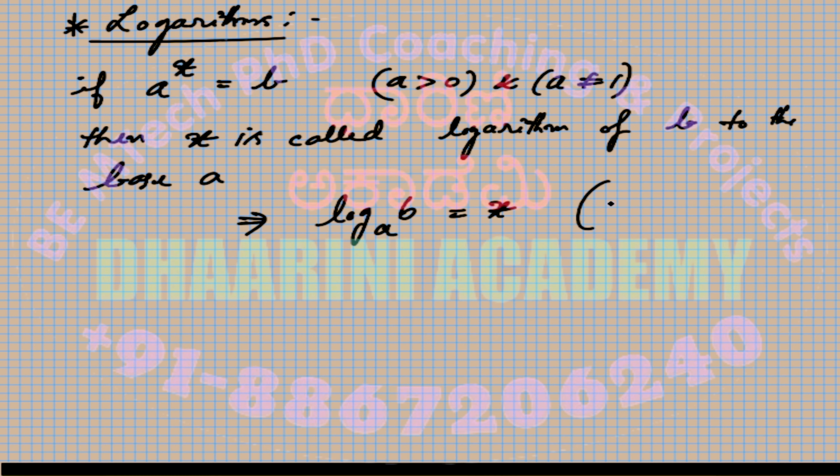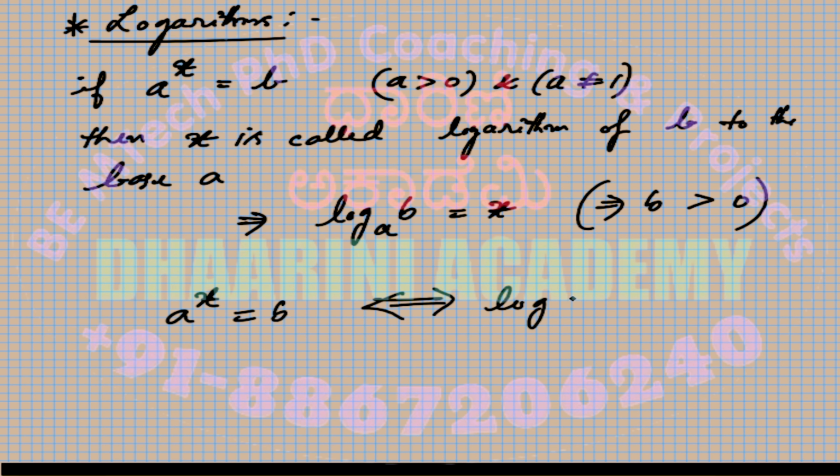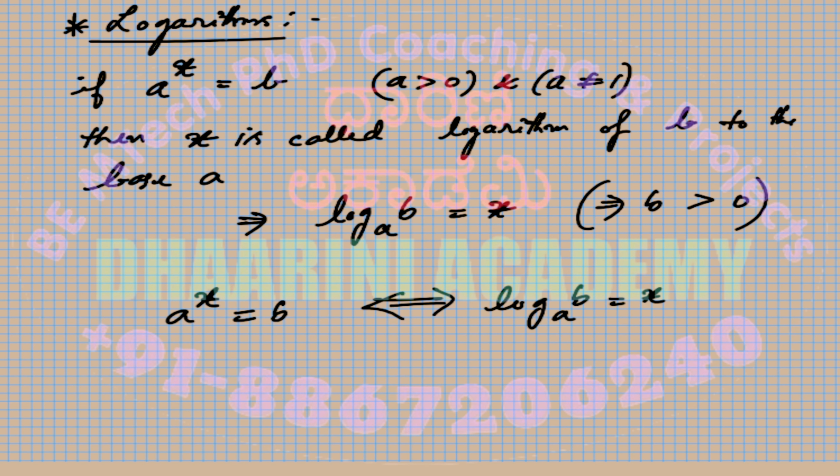So we can interchange wherever I see a to the power x equal to b with log of b to the base a is equal to x. Both these equations are equivalent. They are one and the same.